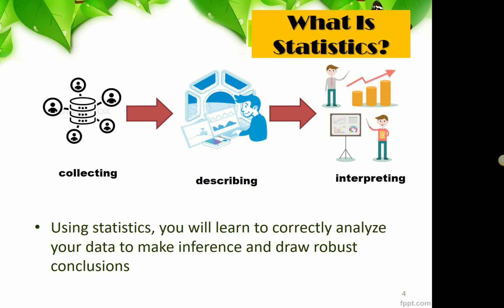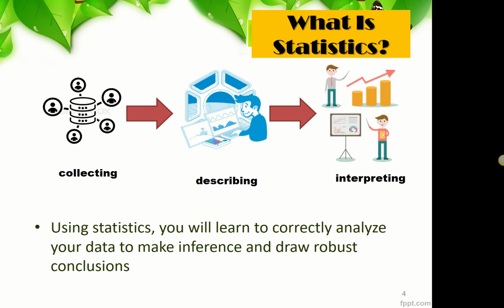Okay, and then what will we do for interpretation? How can we interpret the result? Based on the data that we get from your class, we can interpret that the majority of the respondents, or the majority of the students in the class, are male compared to female. So this is the difference between describing and interpreting. Describing, you get the data and you describe.